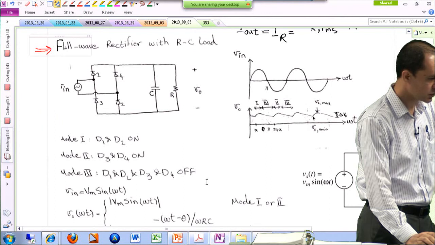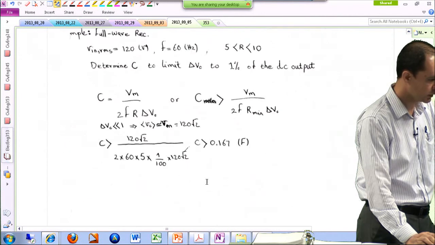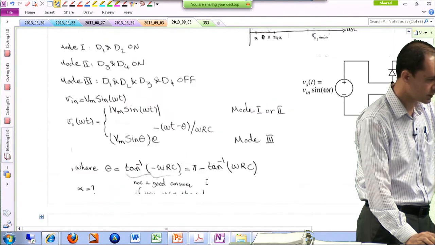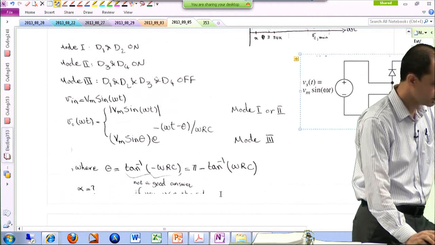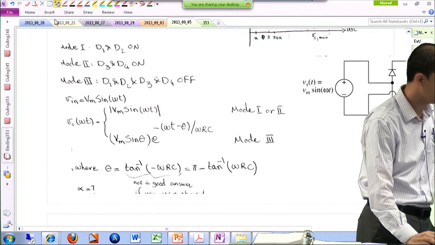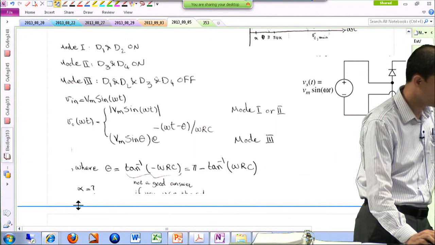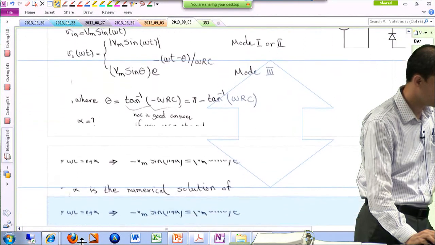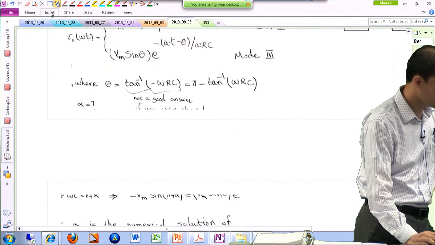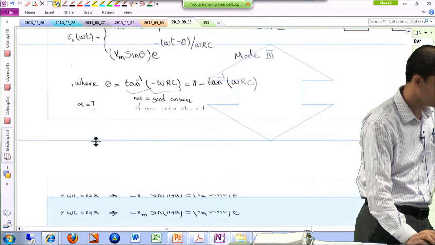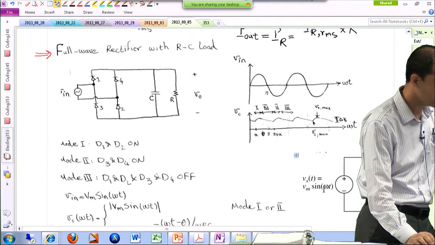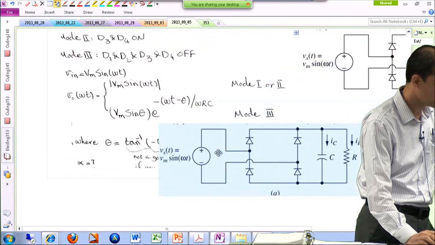As it turns out, let me see if I have a clear schematic. I thought I had it somewhere. Oh, here it is. All right, so this is our schematic.